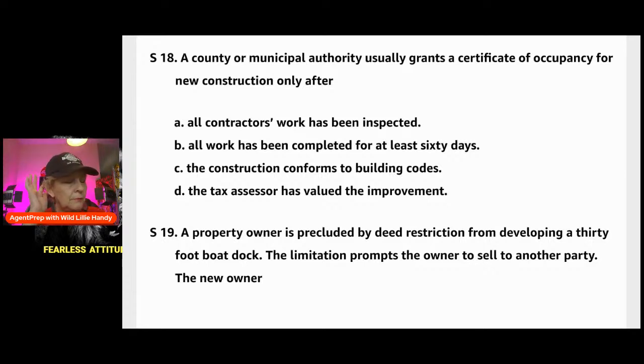I'm sorry, the subcontractors like electrical, plumbing, gas, that type of thing have to be licensed. In certain states, contractors are not required to have contractor licenses, which is really interesting.